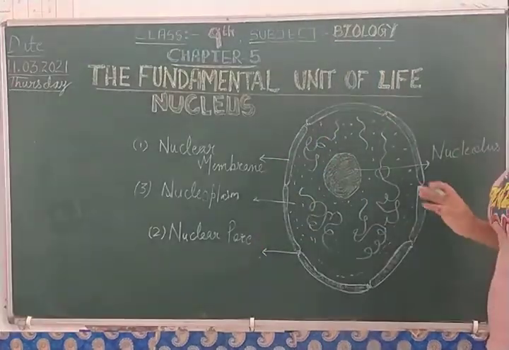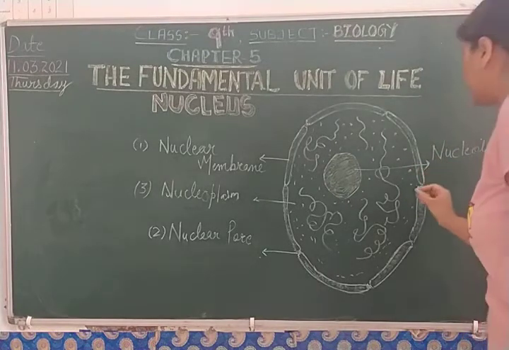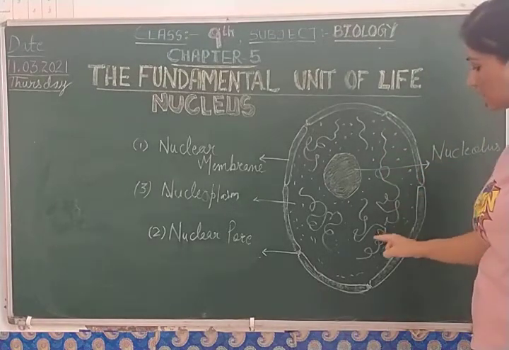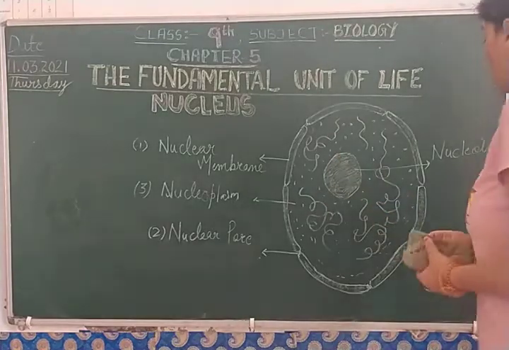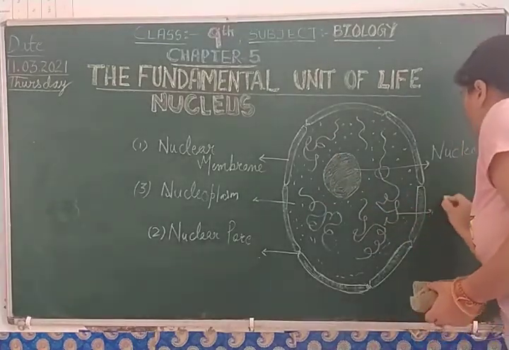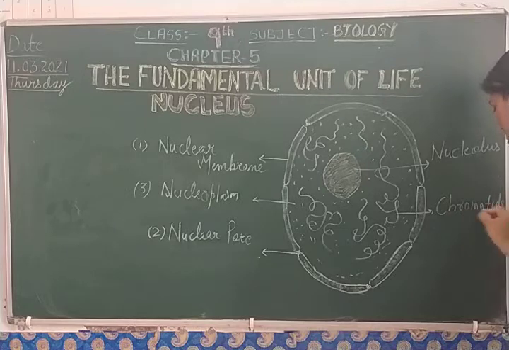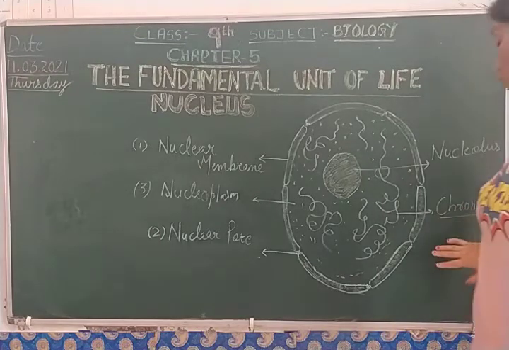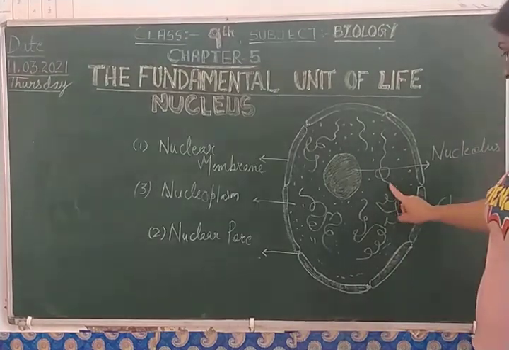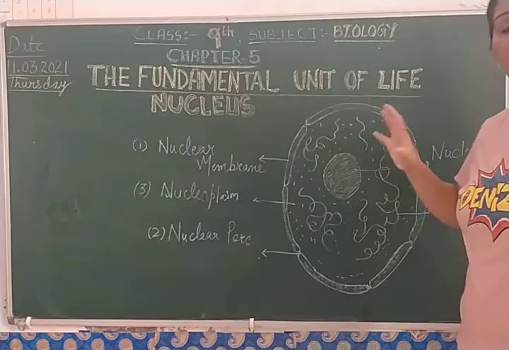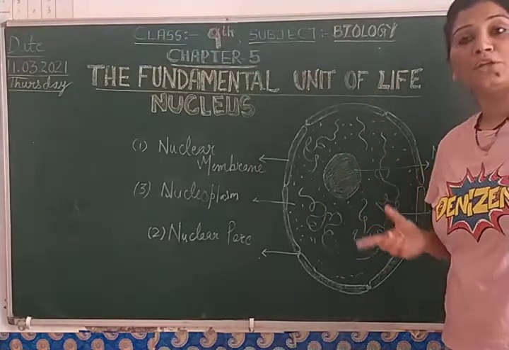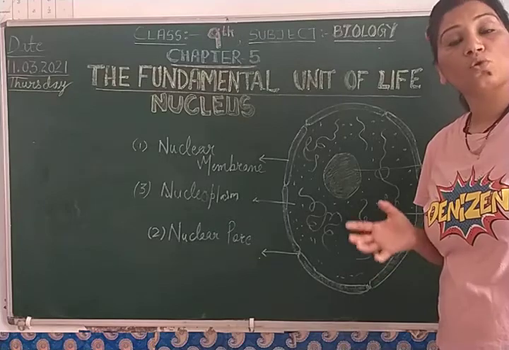The second part of the nucleoplasm is these pink colored thread-like structures. They are known as chromatids. These are very important because during cell division, these thread-like structures are transformed into chromosomes.